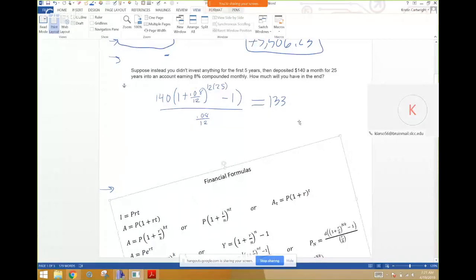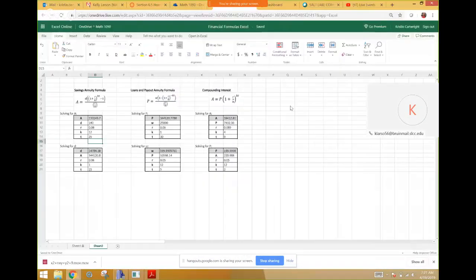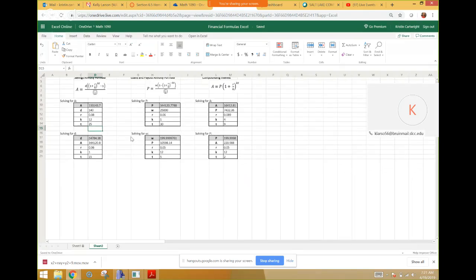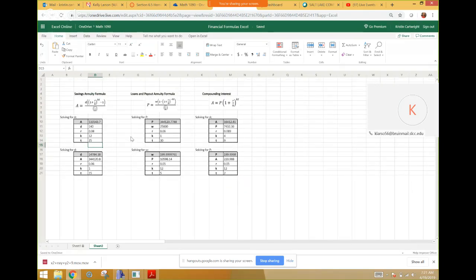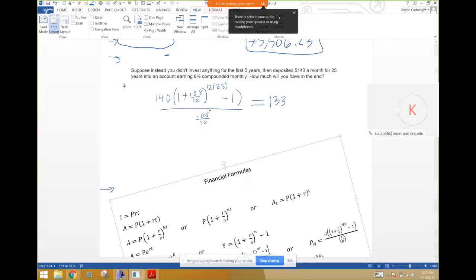It doesn't like when I switch back and forth, but you can see the answer there. $133,143 and 70 cents. Okay. So I think that I was missing the one step in the last part. That makes a lot more sense now.